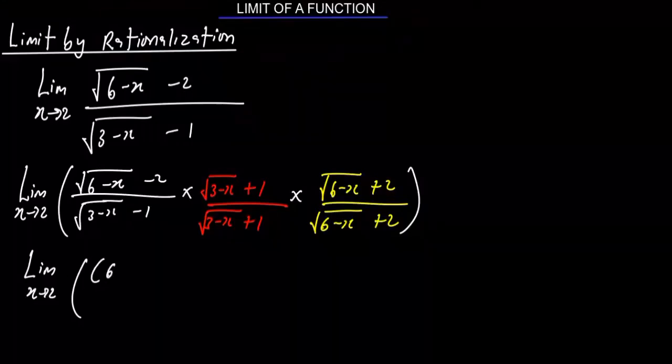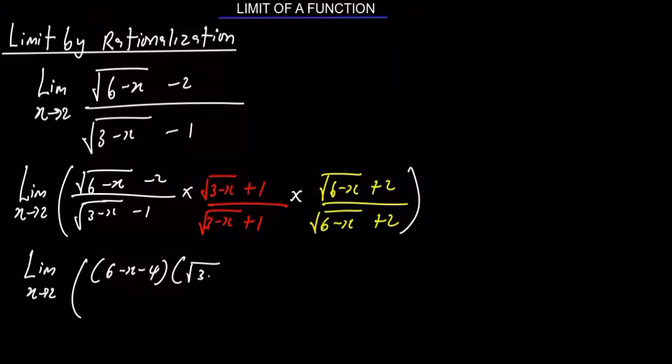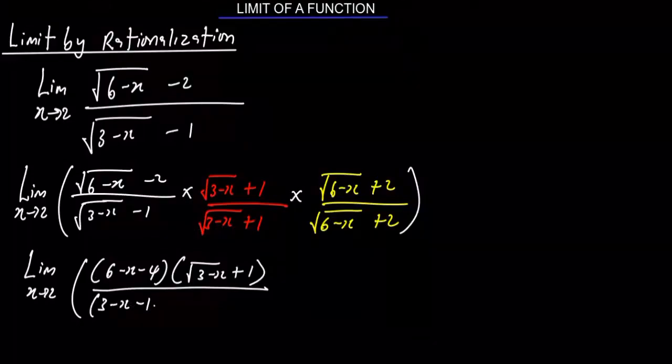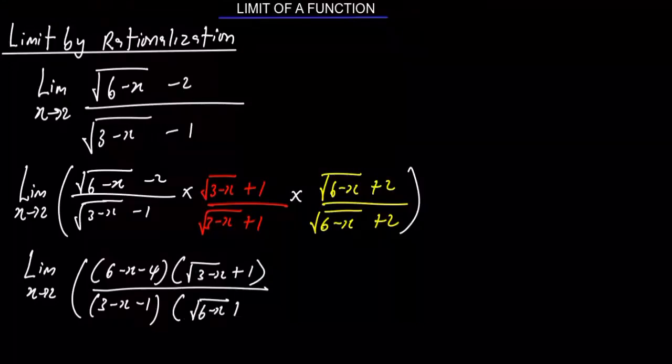You have 6 minus x minus 4. Then all over, for this part, multiply this and this, that they are identical. So you'll be having 3 minus x minus 1. Then you have square root of 6 minus x plus 2. This is what you have.